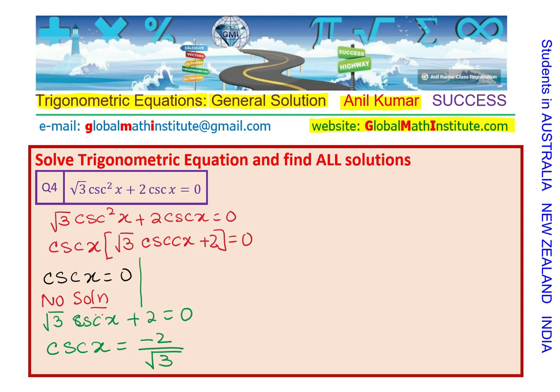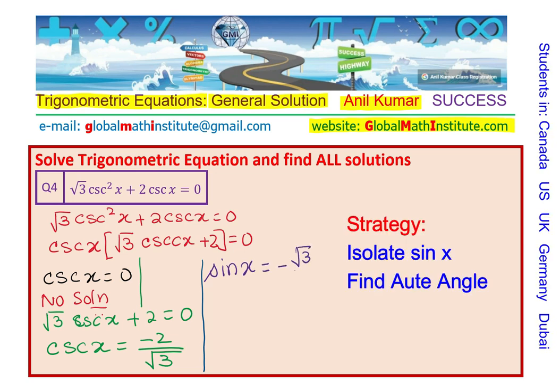So that will give us solutions, right? Now, I'll just save some space here. So we could rewrite this in terms of sine. So we have sine x equals to minus square root 3 over 2.